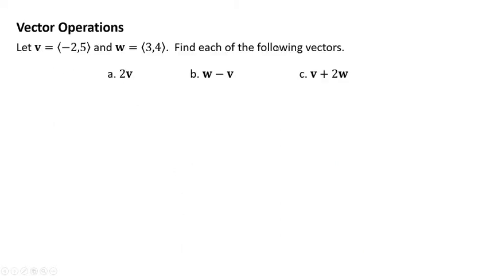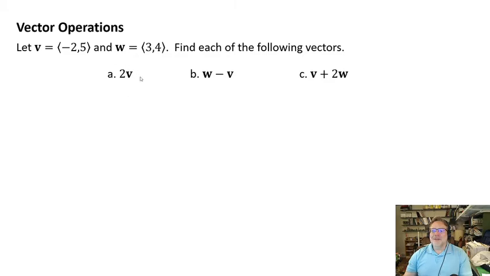All right, so let's do some practice with this here, where we are taking a vector and multiplying it by the scalar 2. Well, this is pretty straightforward. Vector v has components -2 and 5, and in order to multiply that by 2, we just multiply each component by 2, and we get -4, 10. For this second one, we're taking vector w and subtracting off vector v.